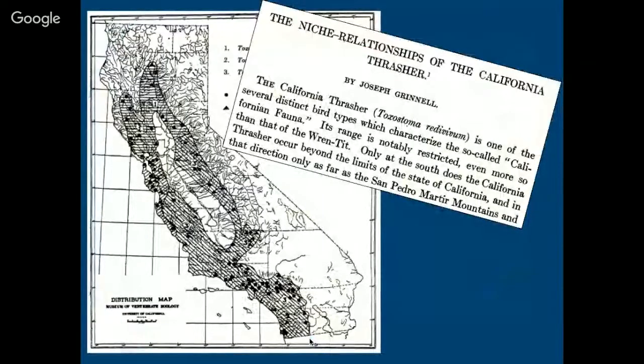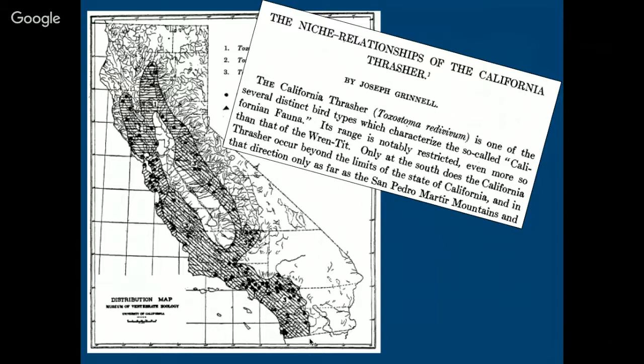So Grinnell, apart from his survey and inventory work, also did a lot of thinking about species' geographic distributions. And this is one of my favorite papers, published by Grinnell, I believe in 1914 or 1917: the niche relationships of the California thrasher.